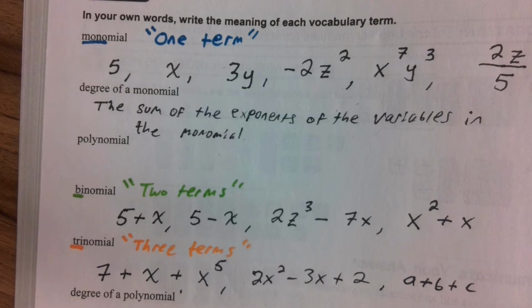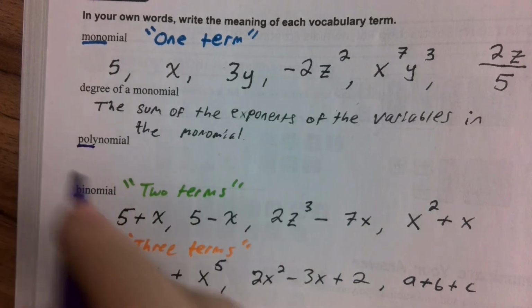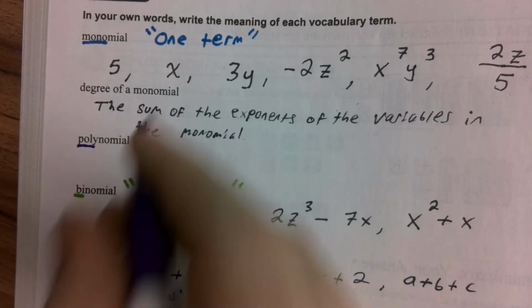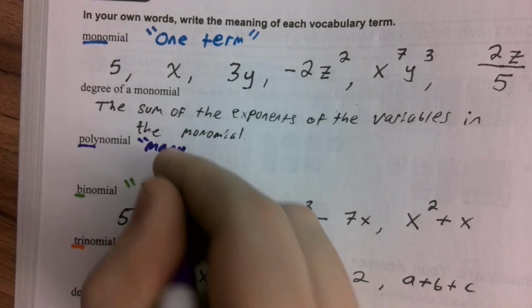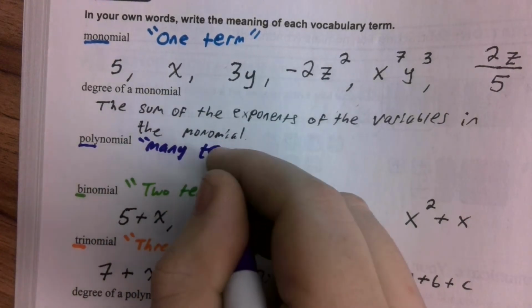Even I don't remember what an 11 nomial is. Or a 15. Or a 320 polynomial. I don't know. So we have a general term to describe any of these nomials. It's called a polynomial. And polynomial means many terms.